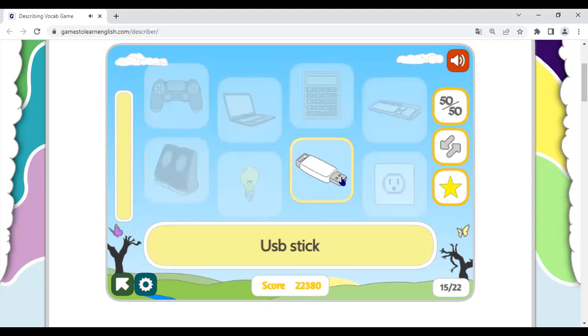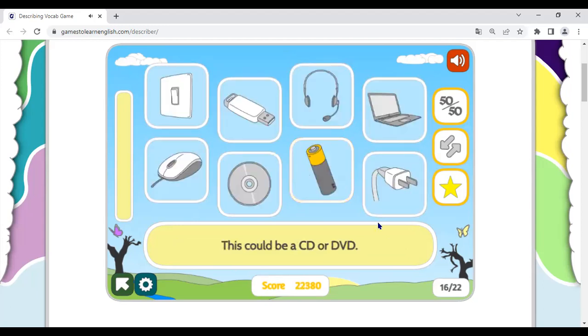USB stick. It's the same, Carlos. Memory or stick. No problem. This could be a CD or DVD. Disc. Disk.